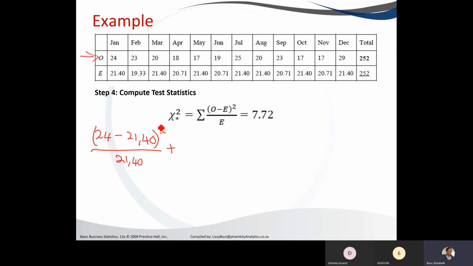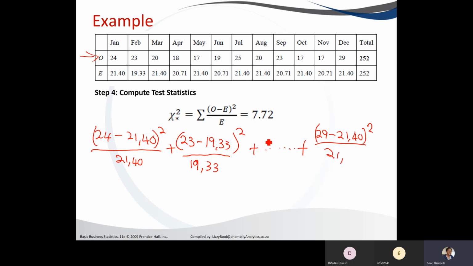Then you add the next one and say 23 minus 19.33, square, must not forget the square, divide by 19.333, plus, and you do everything until you get to the last one, which is 29 minus 21.40 squared divided by 21.40.